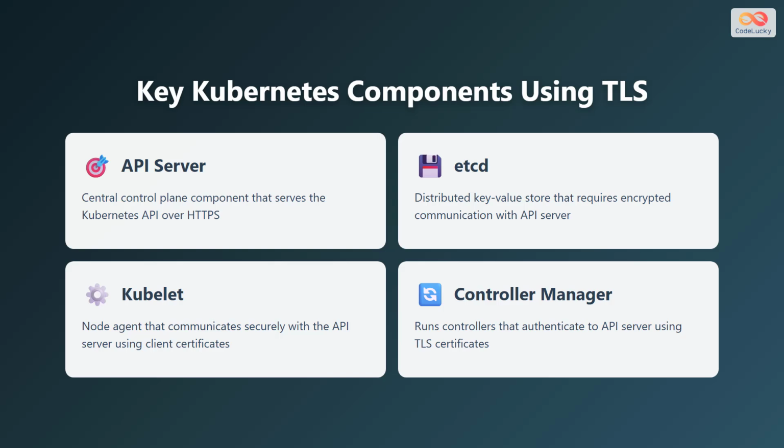Third, the Kubelet, which is the node agent that communicates securely with the API server using client certificates. And finally, the controller manager, which runs controllers that authenticate to the API server using TLS certificates. Each of these components plays a vital role in the secure operation of your cluster.